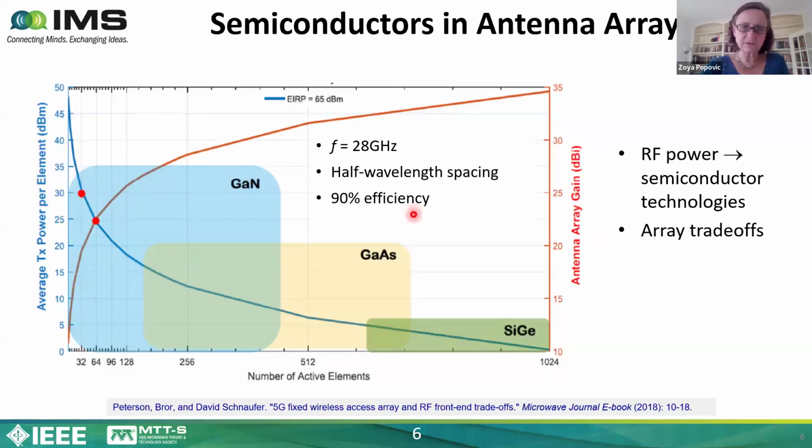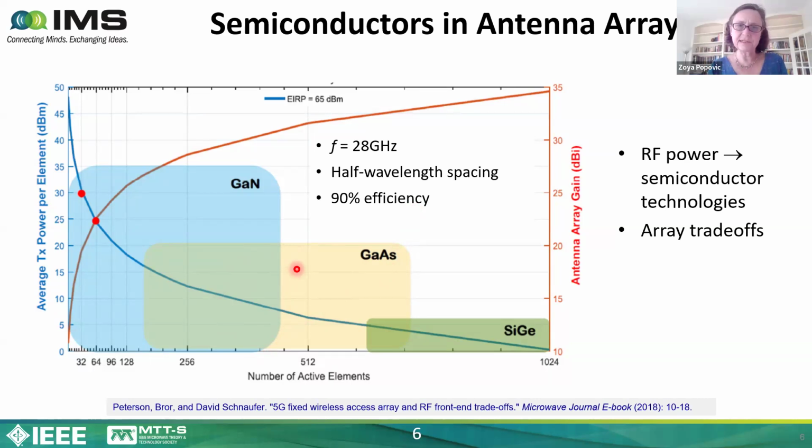So, some reasonable assumptions. It shows here that maybe gallium arsenide is not a bad choice, because it gives you a reasonable number of elements where you still have antenna gain, which is nice because you have more focusing, but it doesn't have the complexity that silicon would have.